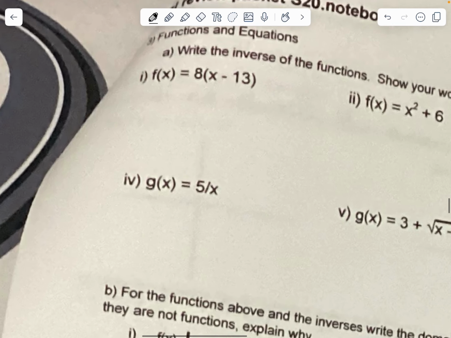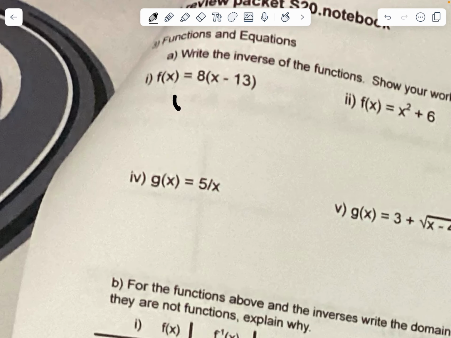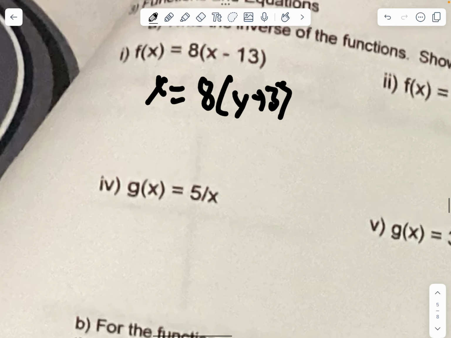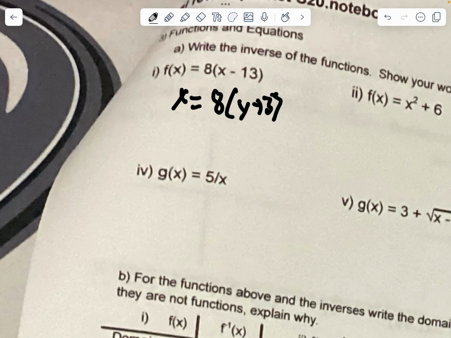Write the inverse for each. Write the inverse, you just swap x and y, and you solve for y. Let's divide by 8 first. x divided by 8 equals y minus 13.